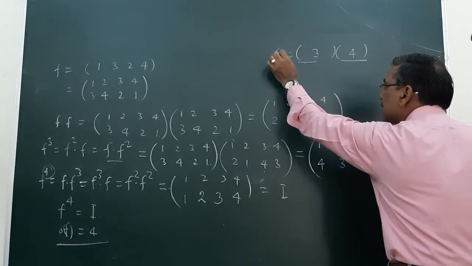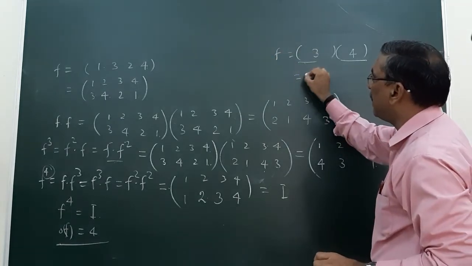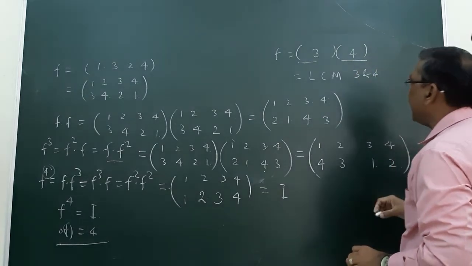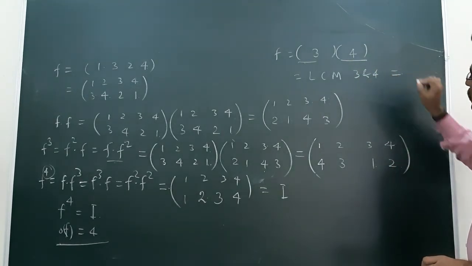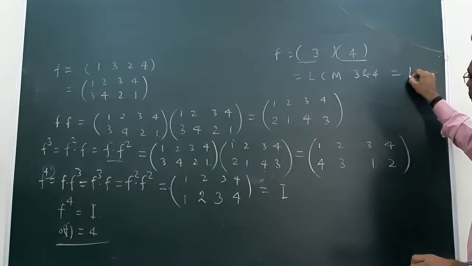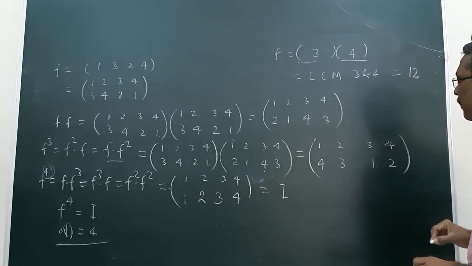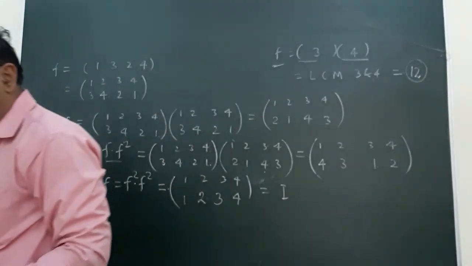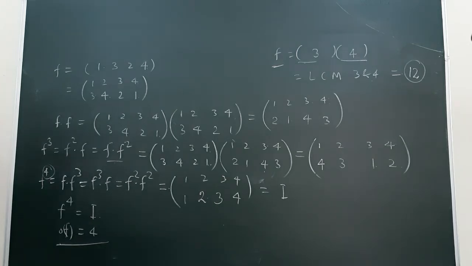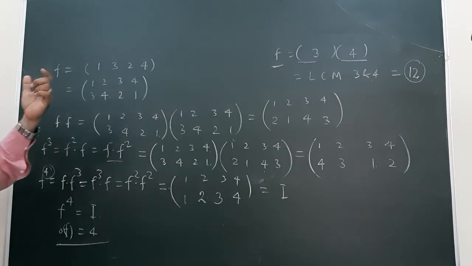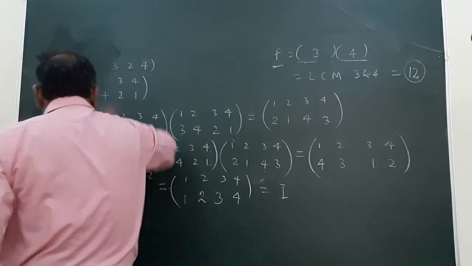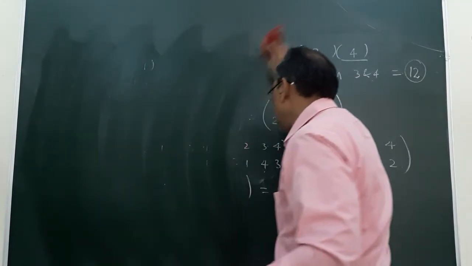So the order of this F is nothing but LCM of 3 and 4, and it is 12. So the order of this permutation will be 12 if I can express this permutation as the combination of two disjoint cycles. So in this way we can find the order of any permutation.